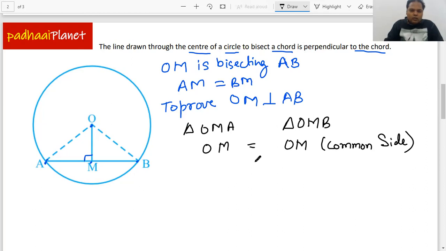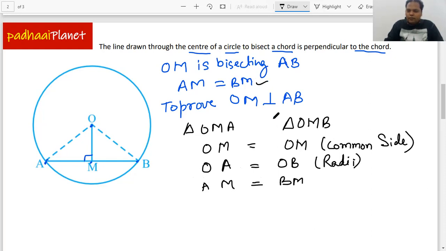Now let's consider another two sides: OA is equal to OB, because both of them are the radii of the same circle. And the third one is AM is equal to BM, which is already proven here.